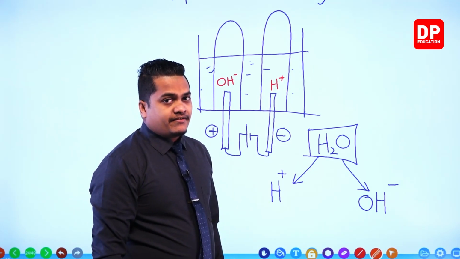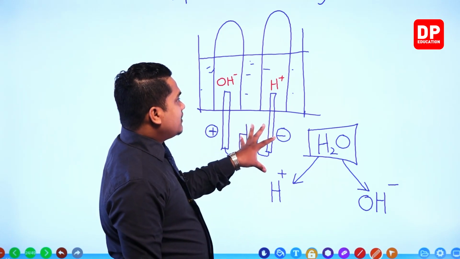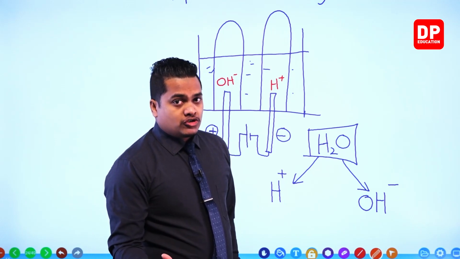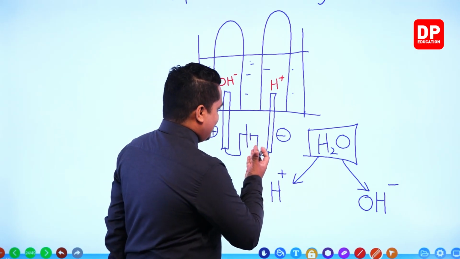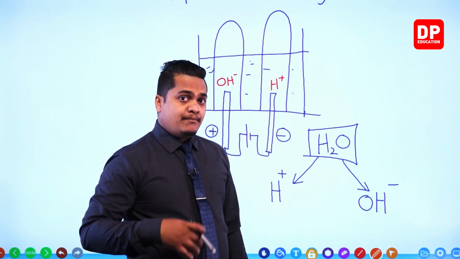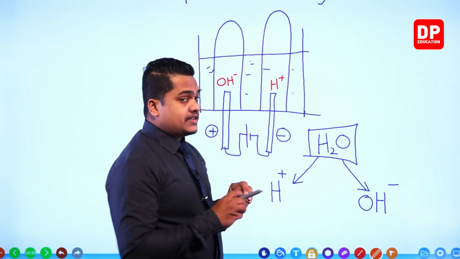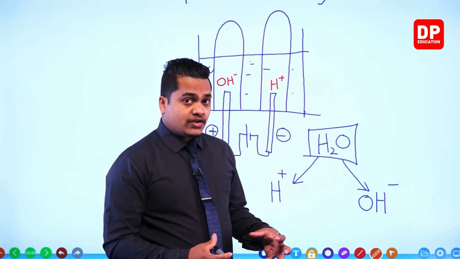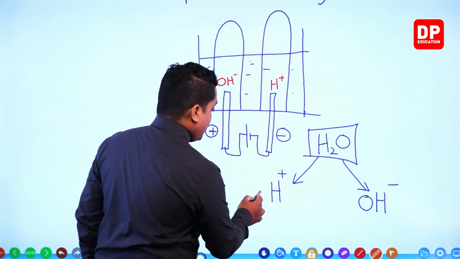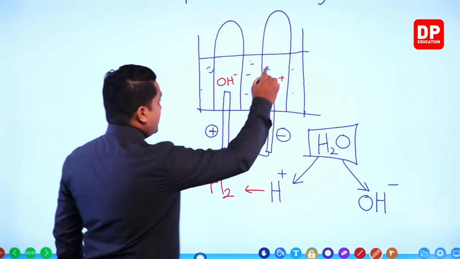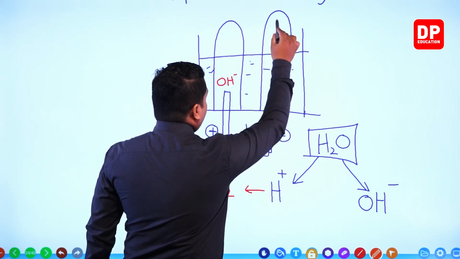Now my dear children, what will happen? At the negative electrode, hydrogen will receive more electrons, because at the negative terminal, you know that there are plenty of electrons. So at the negative terminal, hydrogen plus receives electrons, then converts into hydrogen gas, and it will get emitted from the system.